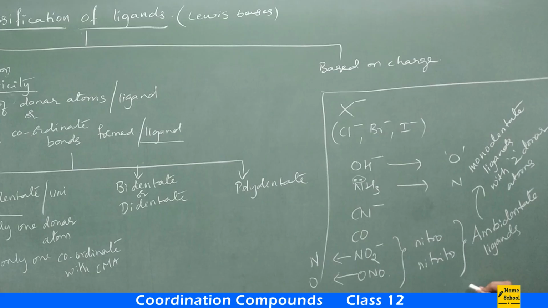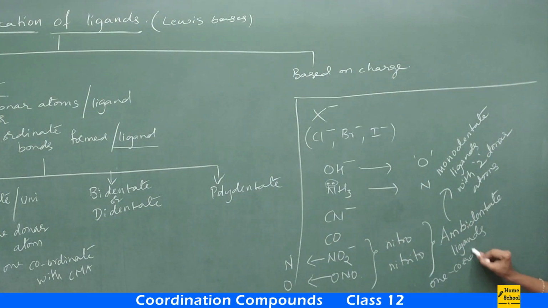So here I'll write that point: one coordinate bond is formed at a time. This can be a definition of an ambidentate ligand.